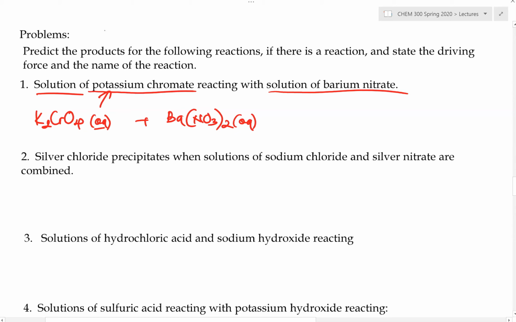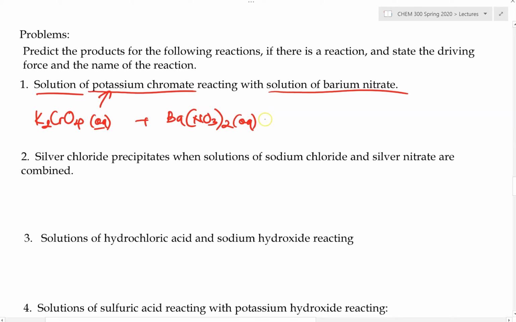Then see if the product meets one of the three driving forces. After we have the chemical formula of the product written out, see if it precipitates by using its solubility, and or see if it's a molecular compound or a gas. If one of the products meets one of those three requirements, then we know this reaction is going to happen.